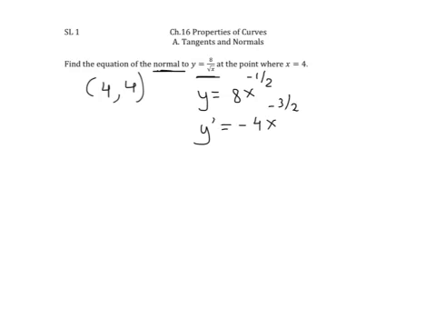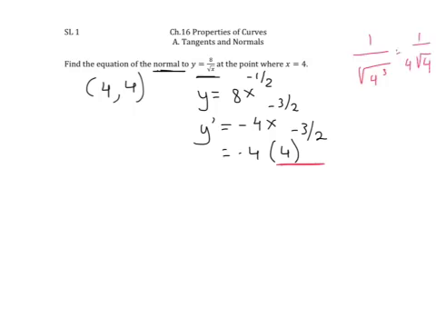Then we need to plug in for when x is equal to 4. So negative 4 times 4 raised to the negative 3 over 2. This math looks a little bit complicated, but it's really not. 4 raised to the negative 3 over 2 is the same thing as 1 over the square root of 4 raised to the third power, that's where that half is coming from, which is simply 1 over 4 root 4.